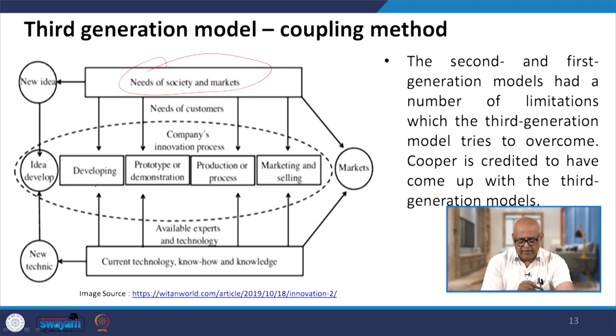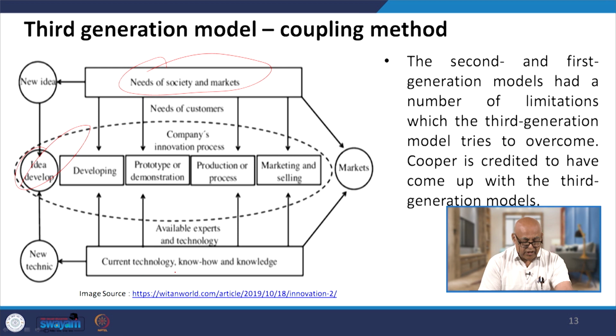Whatever idea or business model you develop, you build the prototype or demonstration, and then you get the feedback. On the basis of this feedback, production or process is done, and it goes to the market, and marketing and selling of that particular product is done. Now the market has the need and demand, and there is the supply on the basis of this idea development, but the question arises whether it will be acceptable or not.